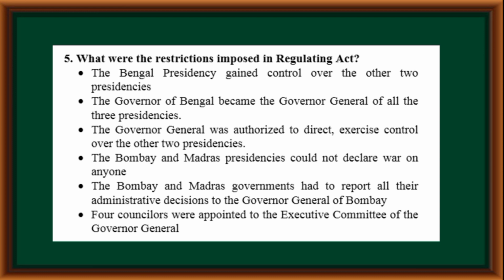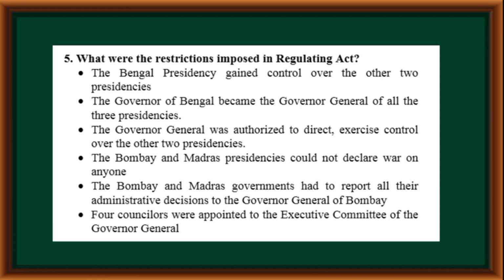What were the restrictions imposed in the Regulating Act? The Bengal presidency gained control over the other two presidencies. The governor of Bengal became the governor general of all the three presidencies. The governor general was authorized to directly exercise control over the other two presidencies.